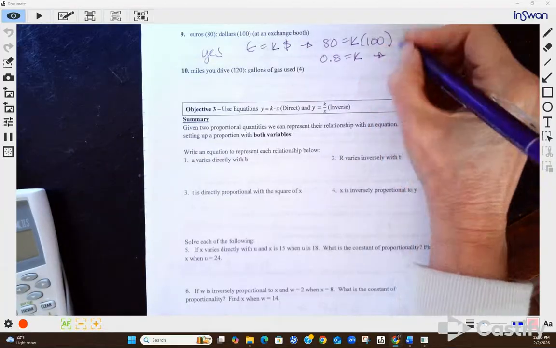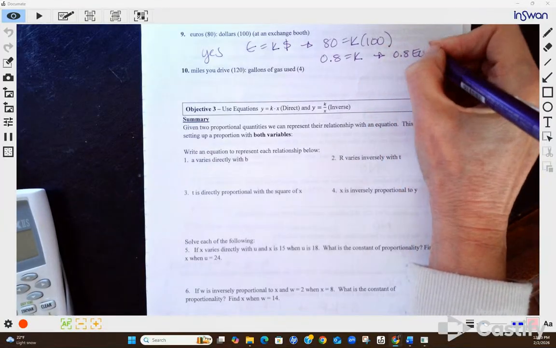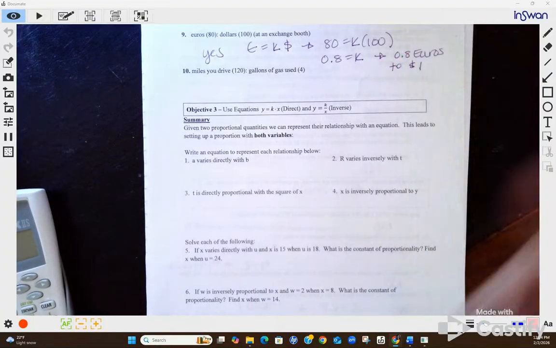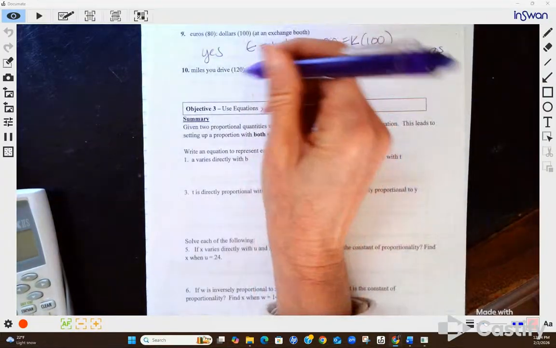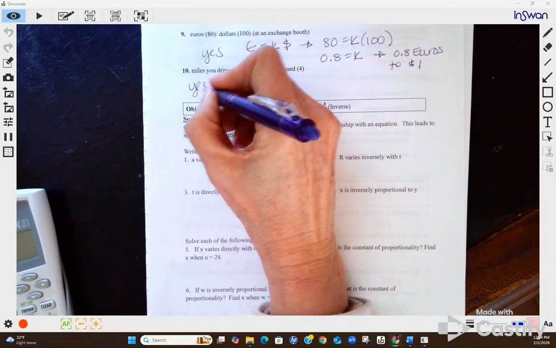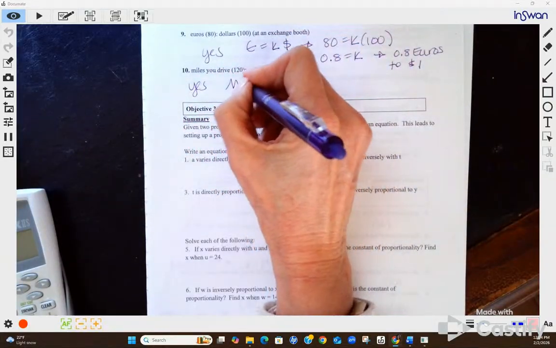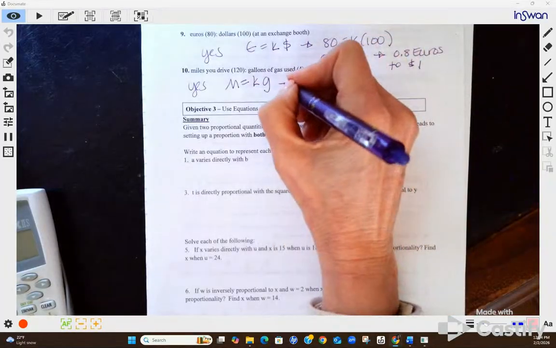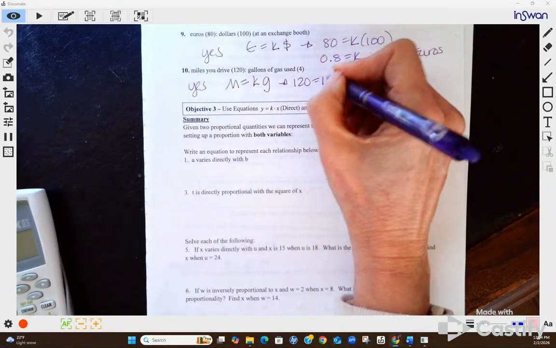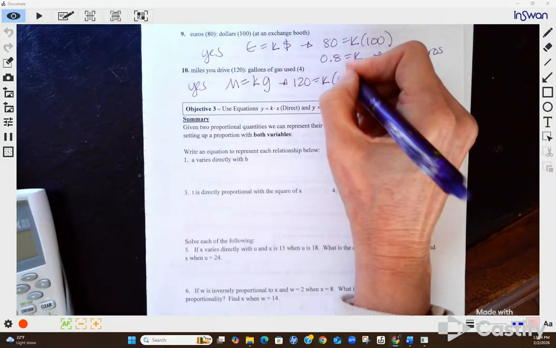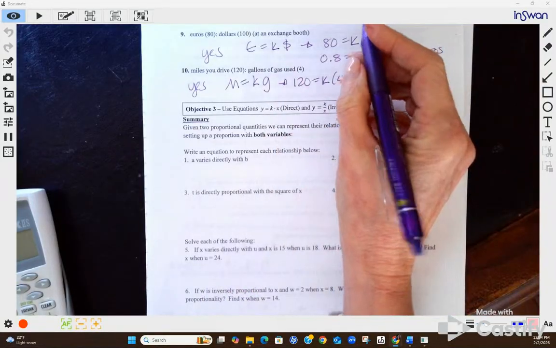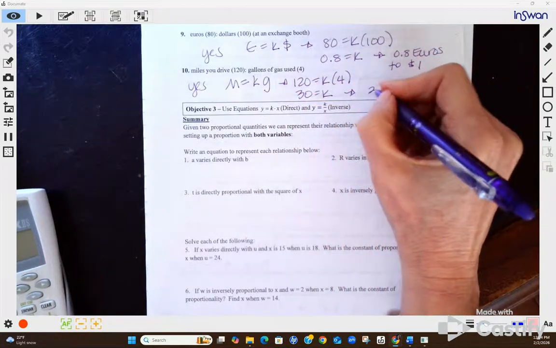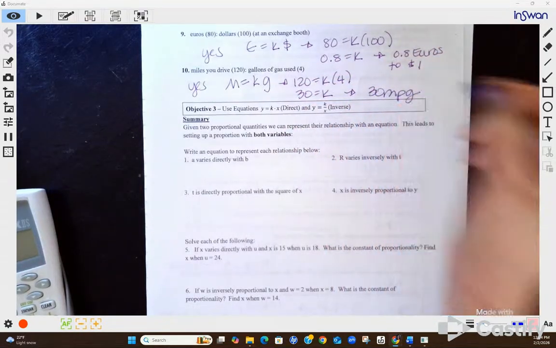So it is 0.8 euros to $1. Miles you drive versus gallons of gas. Yes, miles is proportional to gallons used. If you drive 120 miles and you use 4 gallons, divide both sides by 4, then your constant of proportionality is 30, and you're getting 30 miles to the gallon.